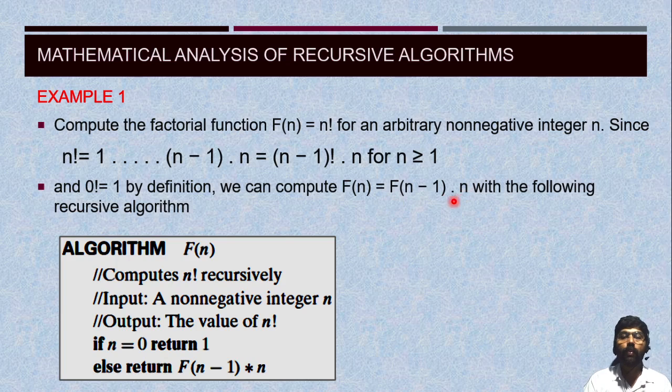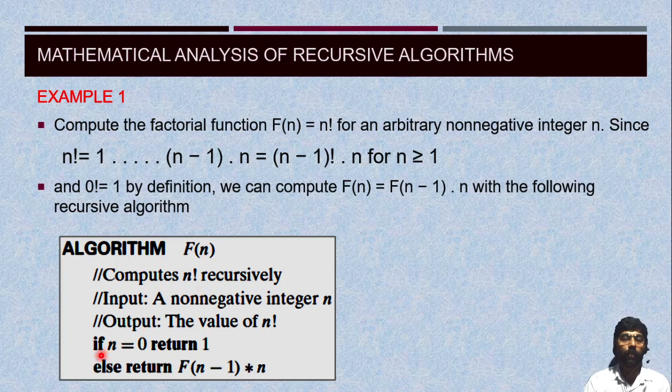When you use this formula for finding the algorithm, you get a recursive algorithm. This is a recursive algorithm for factorial. The factorial algorithm is written as f, which takes input n. It computes the factorial of n recursively. n is a non-negative integer value, and this algorithm returns the factorial value of n.